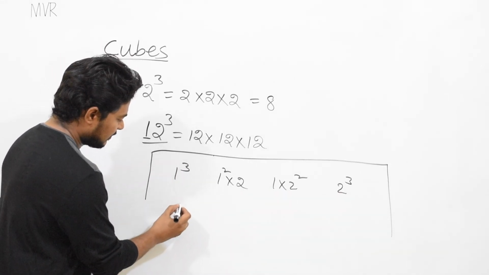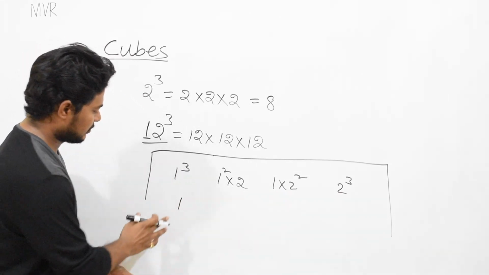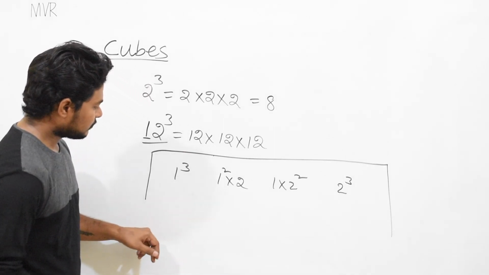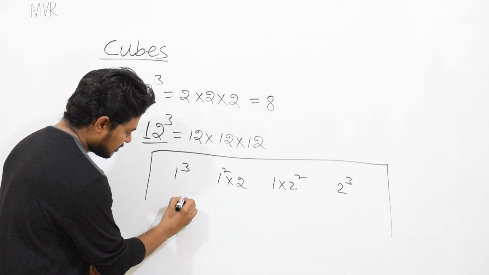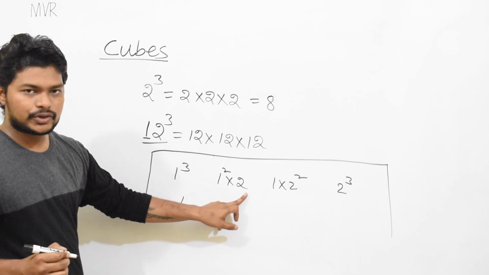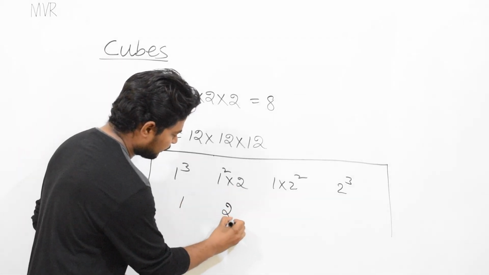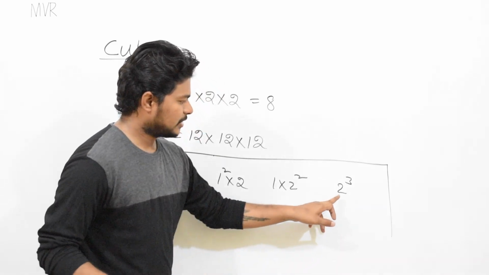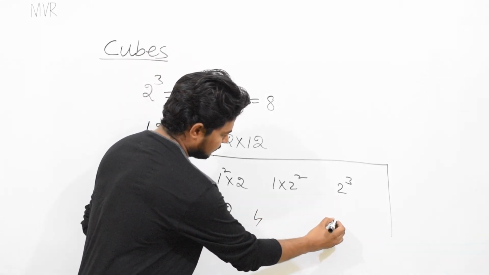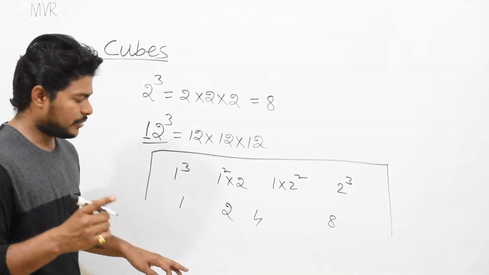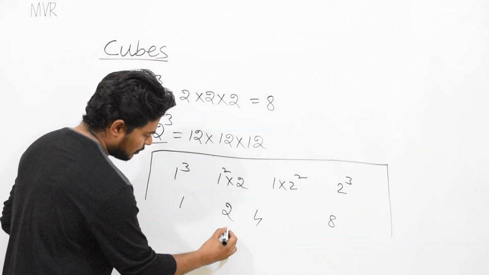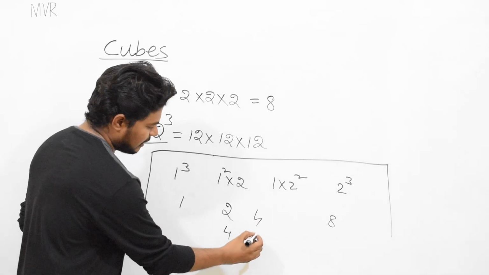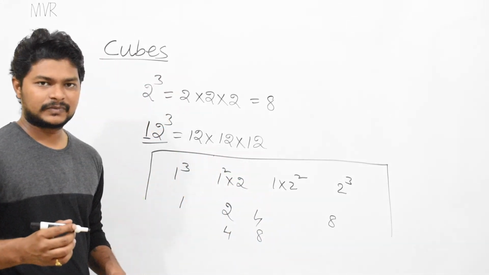Now, 1 cube is 1. Now 1 square into 2, 1 into 2 will be 2. 1 into 2 square will be 4. 2 cube will be 8. Now what you need to do is, you just need to double the middle values. This 2 becomes 4, and this 4 becomes 8.